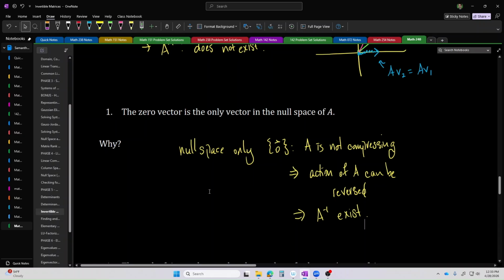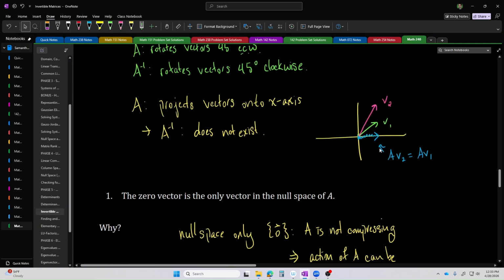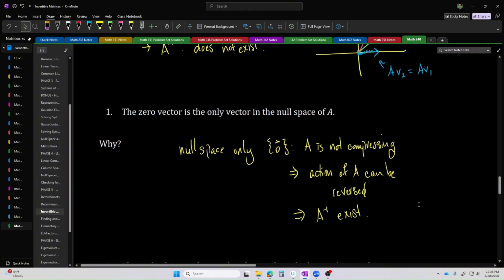Whereas if your null space contained anything else besides just the zero vector, then your matrix A is compressing information. So you will not be able to reverse or undo that action. You've lost too much information to undo it.